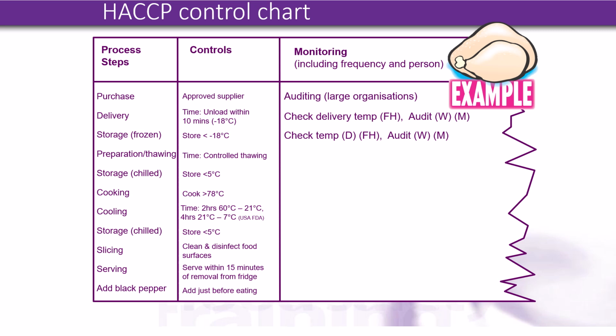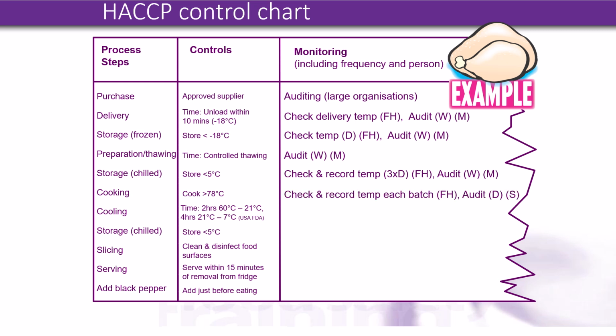Check the temperature and audit. Audit, check and record temperature 3 times a day if possible. Check and record temperature for each batch. Audit, and for cooling under the 2 conditions there, check and record temperature and audit.